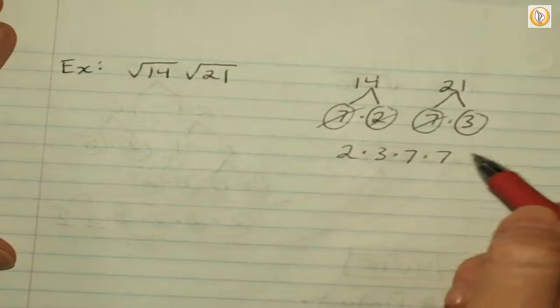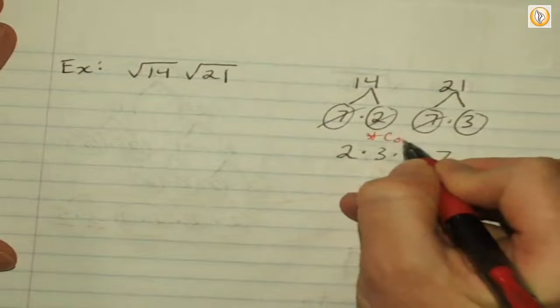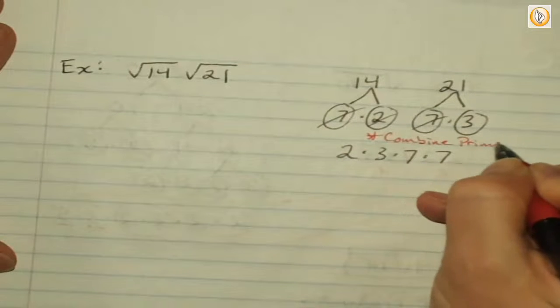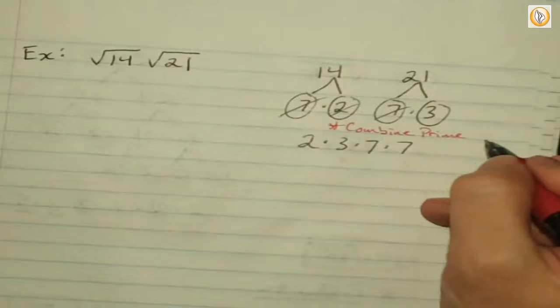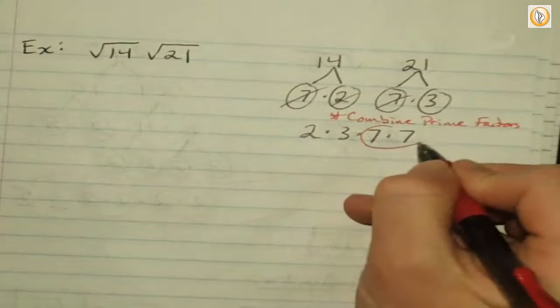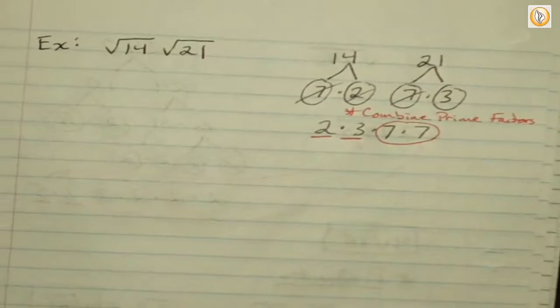So I'm combining them. Do you see that? In fact, I'm going to say combine prime factors. What are my pairs? 7 and 7. What are my leftovers? 2 and 3.